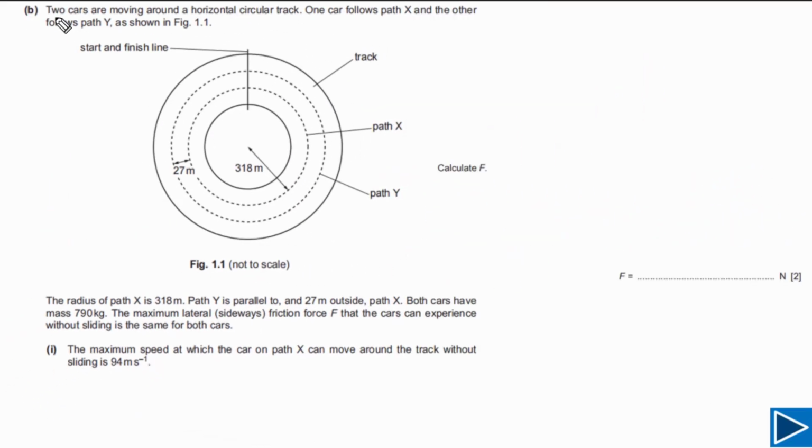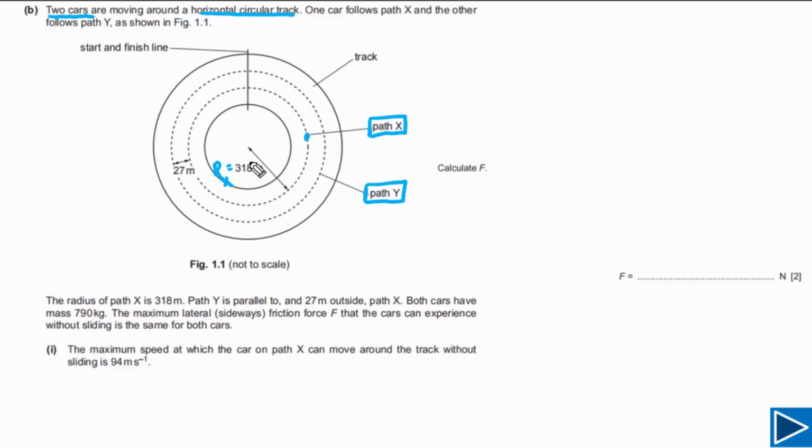For part B, it is given that 2 cars are moving around a horizontal circular track. One car is moving in circle X, and the other car is moving in circle Y. The radius of circle X is given, and that is equal to 318 meters. We can say this is Rx.